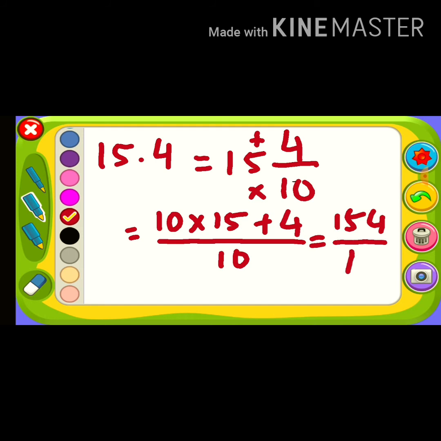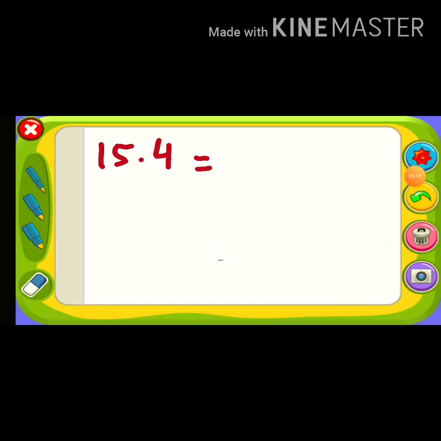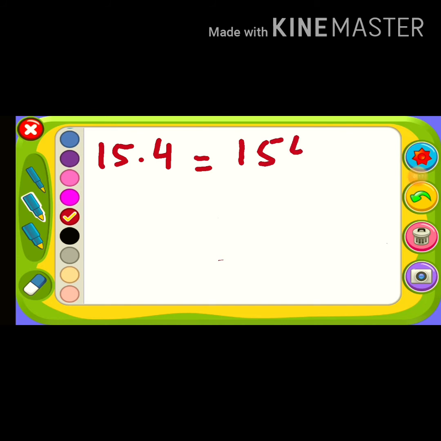Or directly you can convert it into 154 by 10, 10 because there is one number after the decimal point.